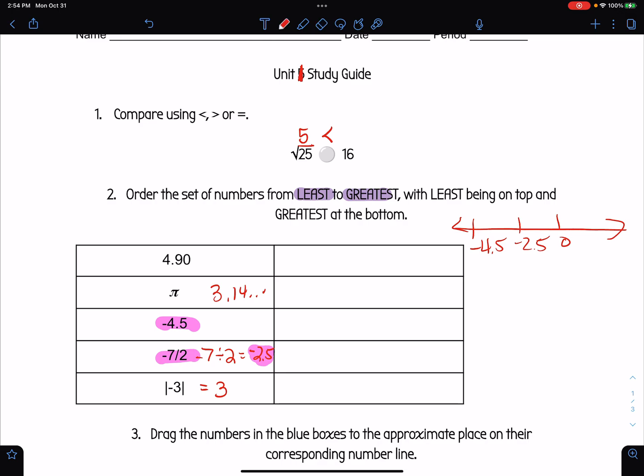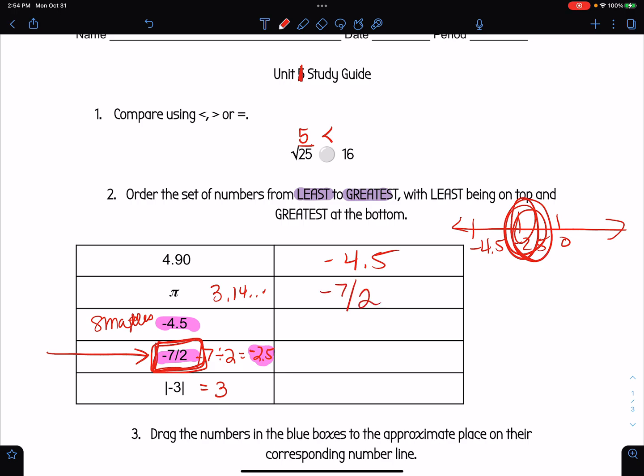So the smallest number is really negative 4.5. The next smallest number is this number right here, negative 2.5. But we have to write it like the book wants us to. The computer only knows it as how it assigned it.